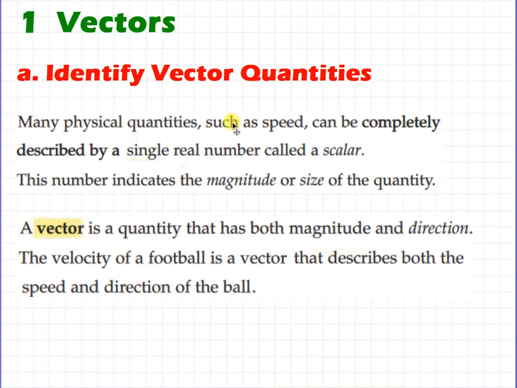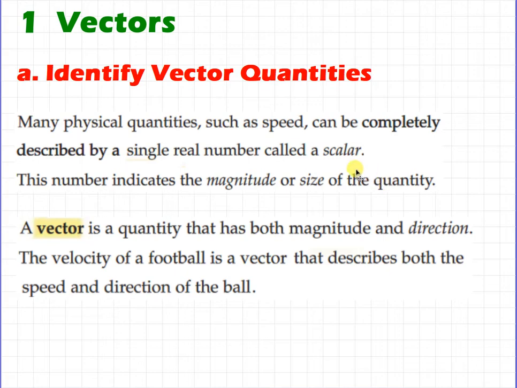Maybe you're familiar with this concept, vectors, from the physics class. Many physical quantities such as speed can be completely described by a single number called a scalar. This number indicates the magnitude or size of the quantity.